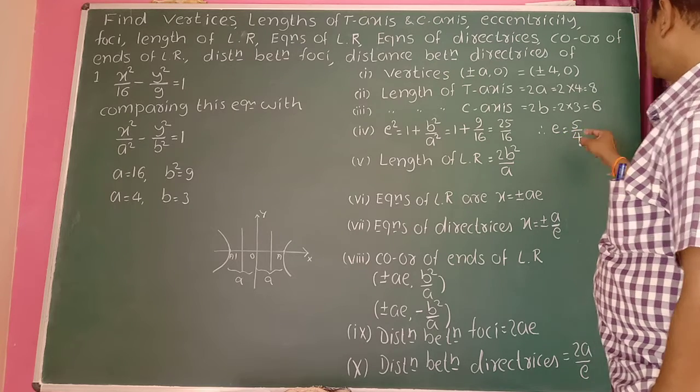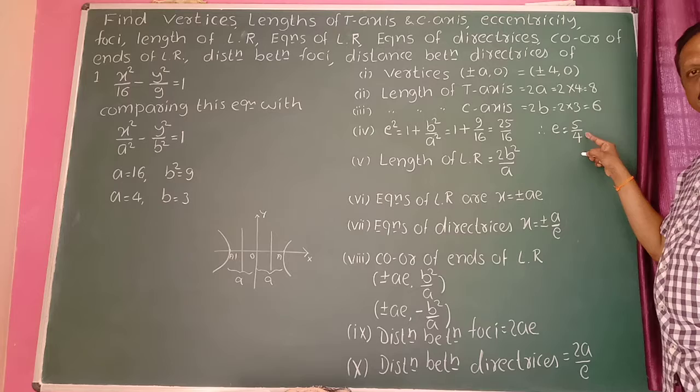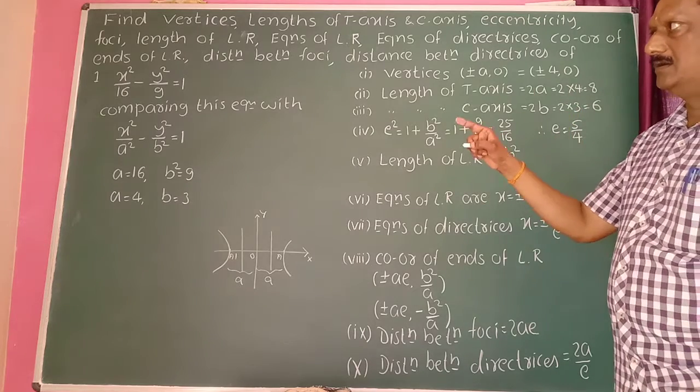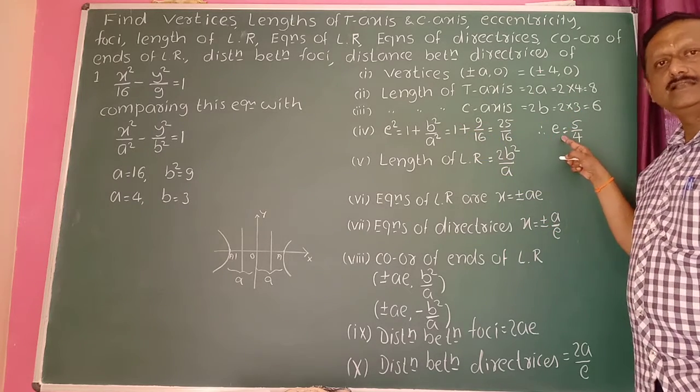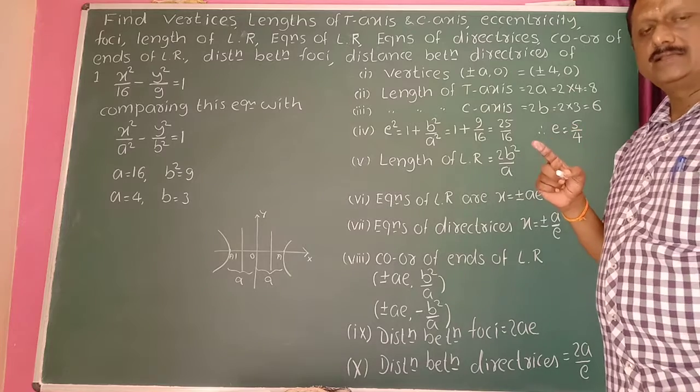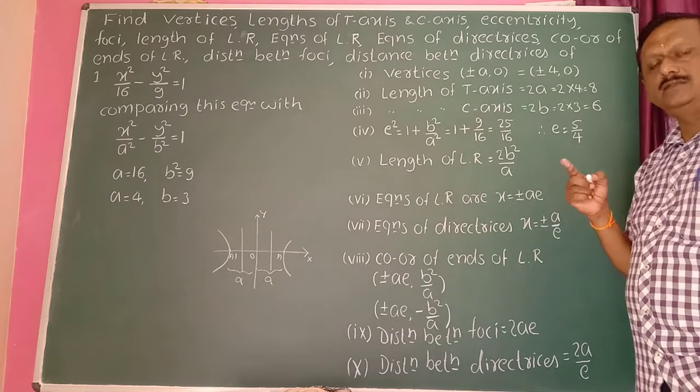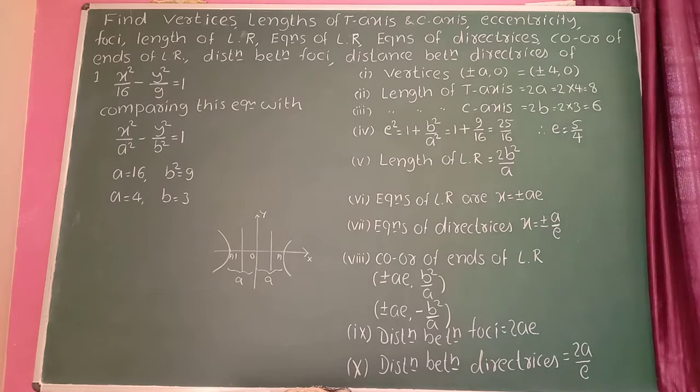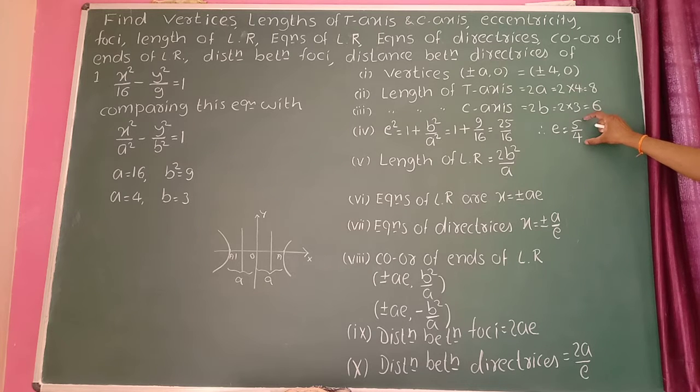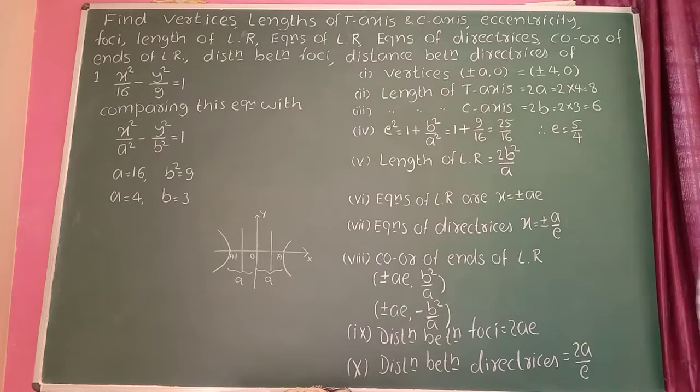This value is greater than 1. For a hyperbola, eccentricity is always greater than 1. For an ellipse, eccentricity is less than 1. For a parabola, eccentricity is equal to 1. So this value is greater than 1, and obviously this is related to a hyperbola.